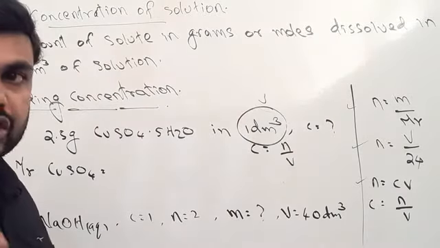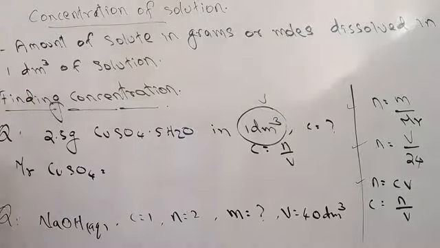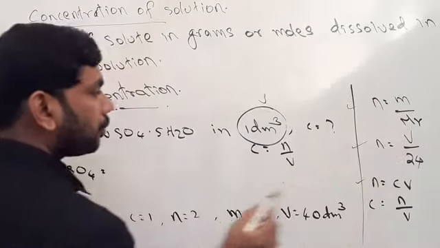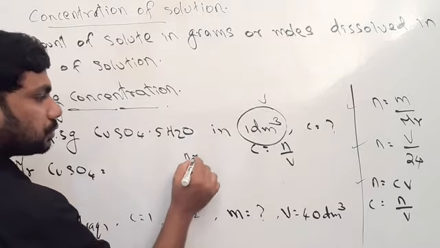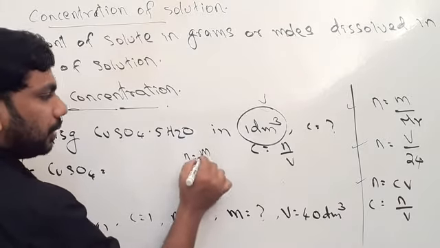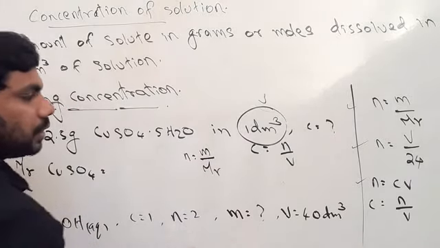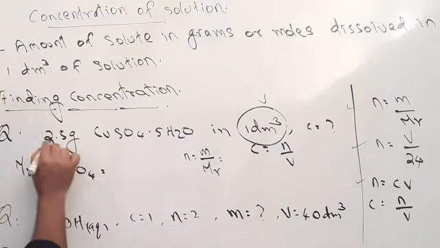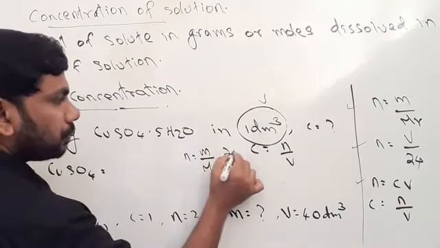You have to find the number of moles. How can you find the number of moles? Number of moles is equal to mass divided by molecular mass. What is the mass here? Mass is 2.5 gram.